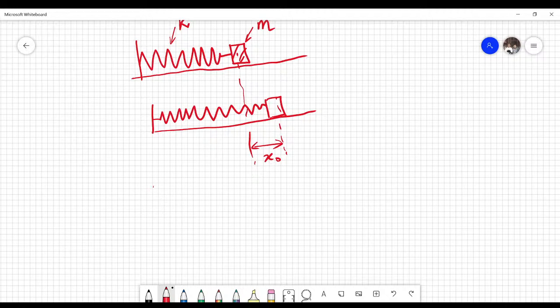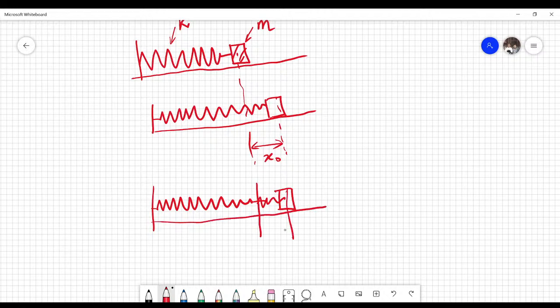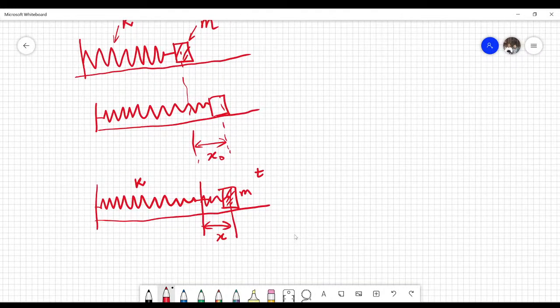So let's say at some time t, your mass is at position x from the equilibrium point. So now here is your mass m and the spring constant is k. We can analyze the motion really easily using Newton's law.